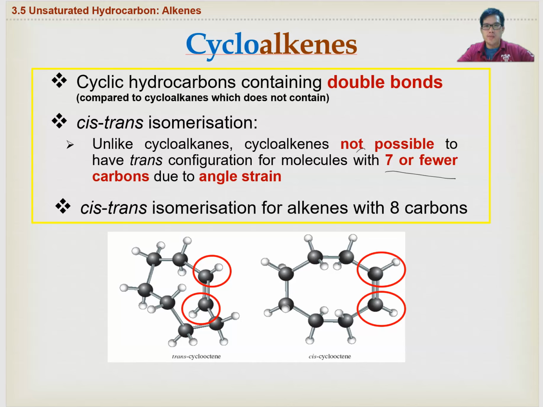If the ring is smaller, it's almost impossible to twist into this conformation. So for molecules to exhibit cis and trans, the cycloalkenes need to be 7 carbons or more. It's not impossible, just unlikely.